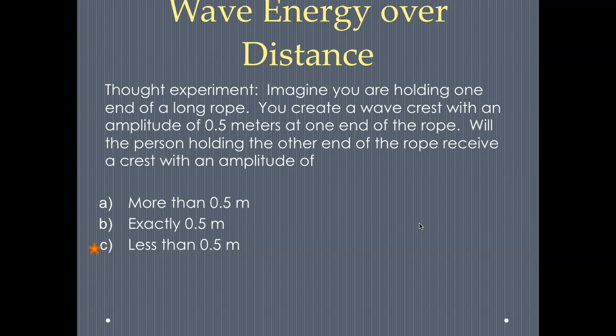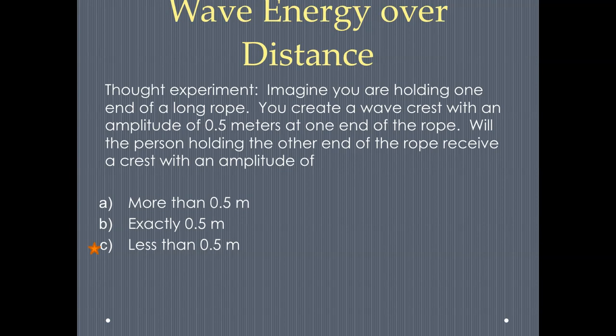The idea here is it would actually be less. It would end up being lower because the wave itself is going to have a little bit of that amplitude wasted away. And there are three main ways we notice energy being conserved or not conserved in a system.